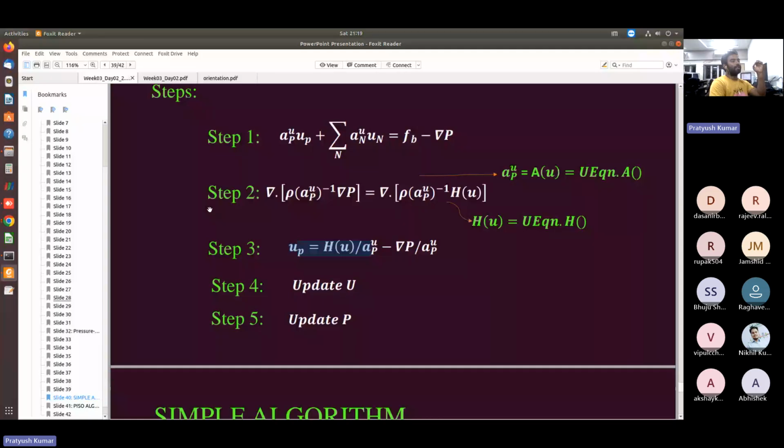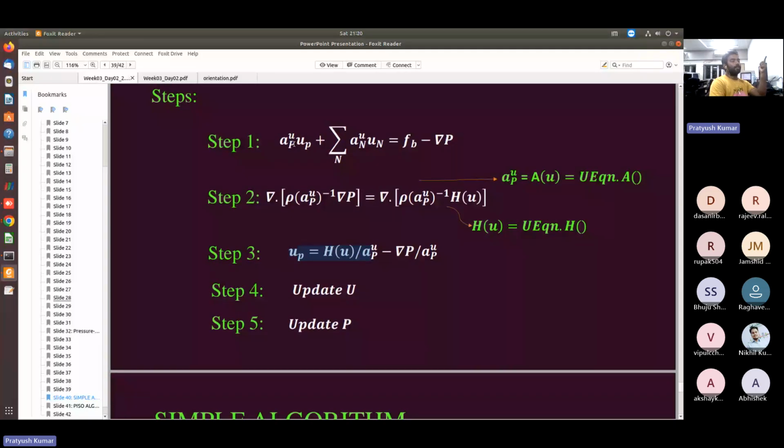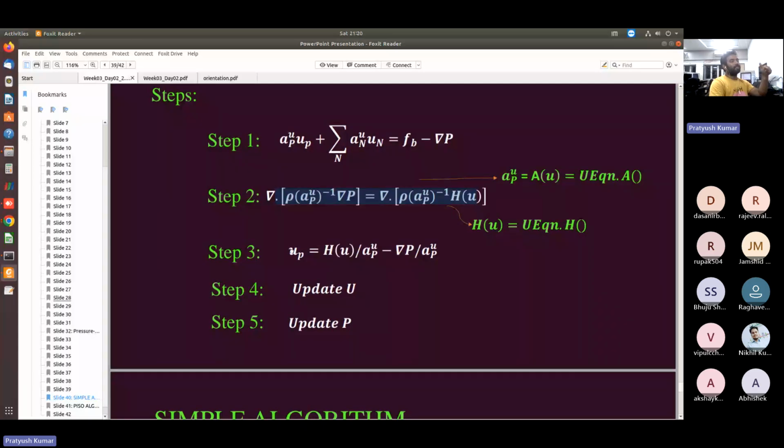What I mean is that we solve these equations, then using those values we solve the pressure corrector, and then we find the velocity corrector step. So instead of going from step 3 to step 1, we just go to step 2, in the PISO form. We take this UP value, and using it we again correct the pressure value, and from the corrected pressure we find the UP value, and then again we go to step 1.